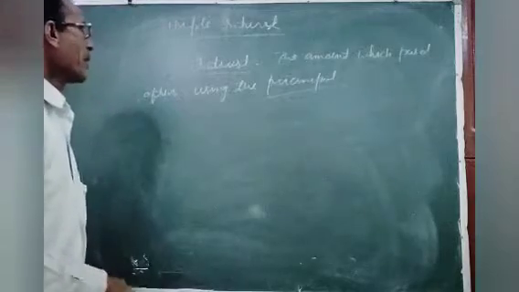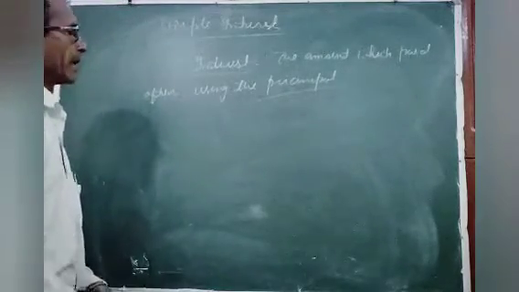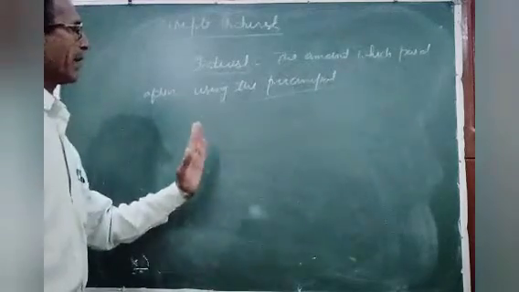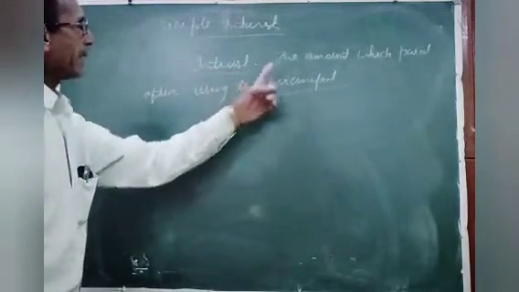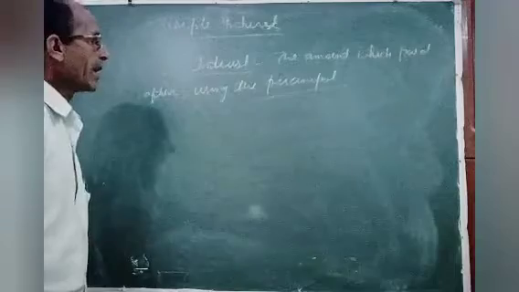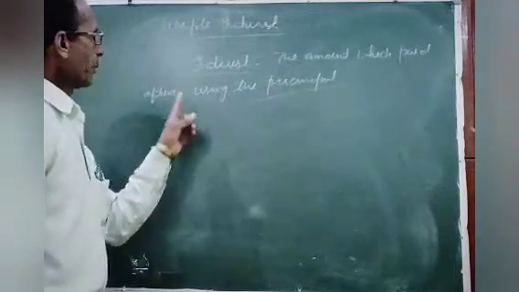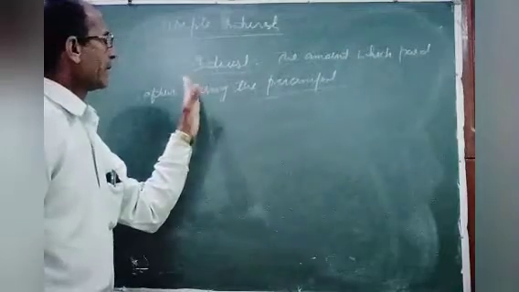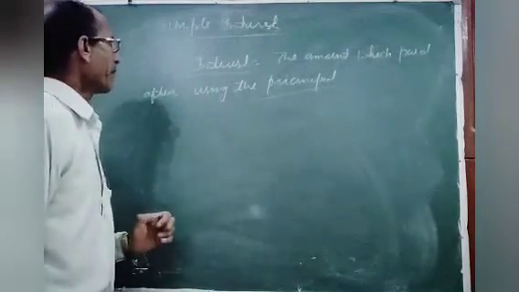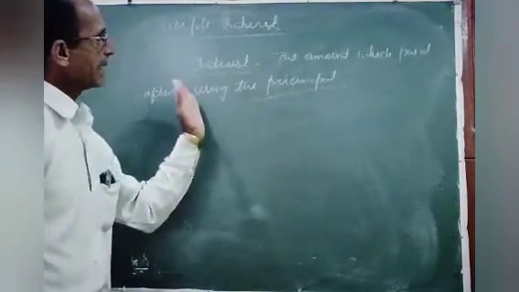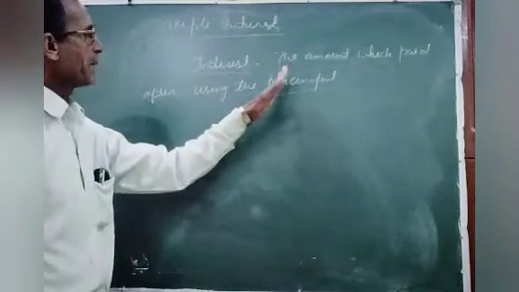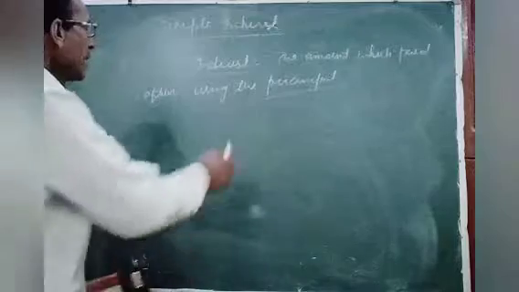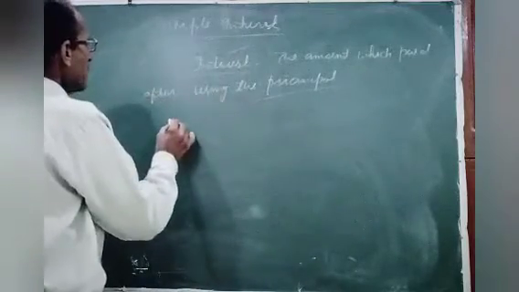Suppose we are borrowing 10,000 rupees from a bank, and the condition is that interest is calculated yearly. So for 1 year, it means per year, 10% is the rate of interest. So after 1 year, how much amount we will pay? That is called interest.